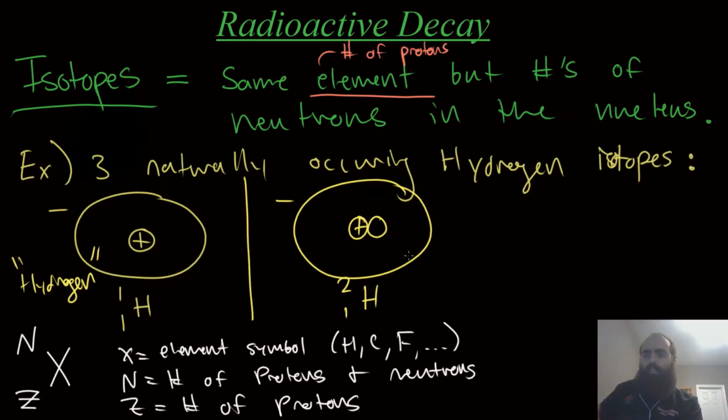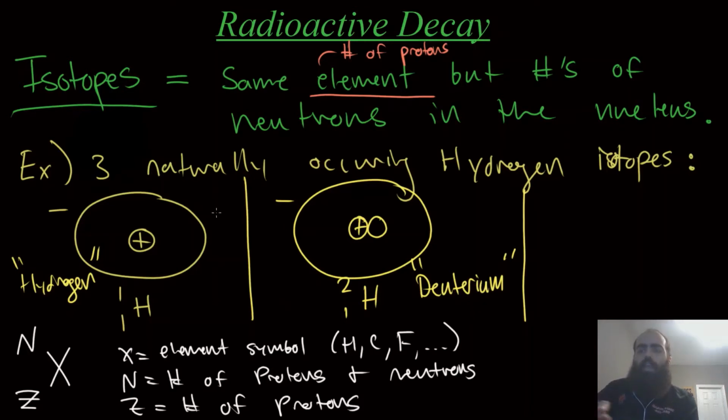This isotope is called deuterium. It's a very expensive isotope, and it's very useful in certain kinds of reactors that they use specifically in Canada.